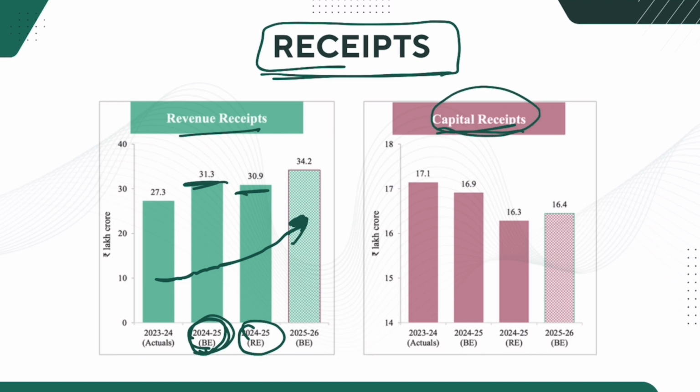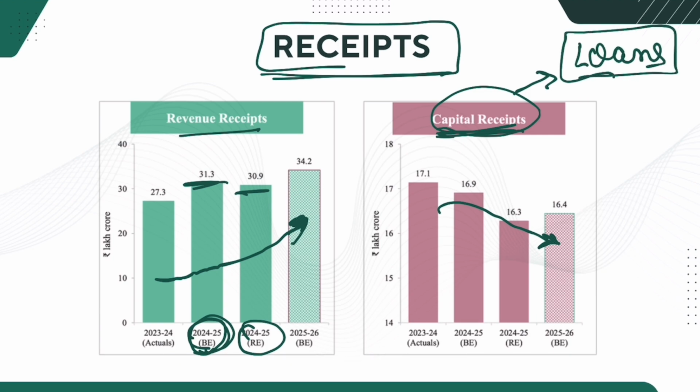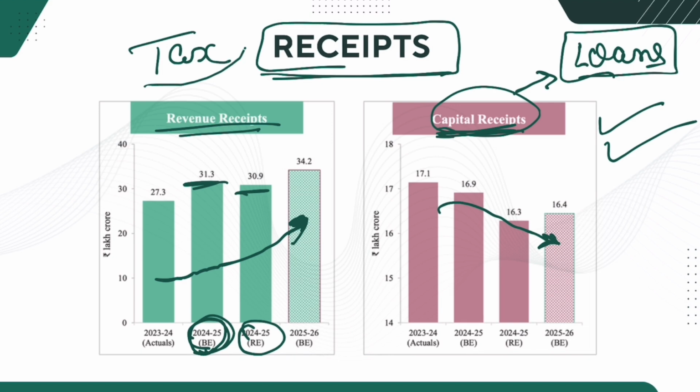Capital receipts are showing a declining trend, so you're not receiving much money from capital receipts. But this can be good news, because most of these capital receipts are loans taken by the government, and if loans are declining, that's good news, right? Most of these revenue receipts are tax receipts, and if tax receipts are increasing, that's good news. So all in all, it's good news.